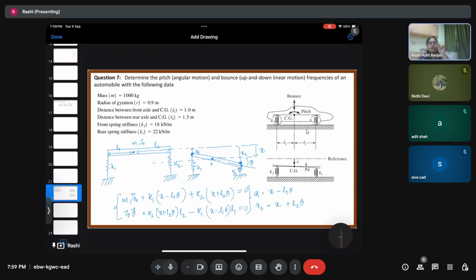That single mass shows its effect as mass for translation and as inertia for rotation. So a single mass is present, but the system becomes a 2 degree of freedom system with two natural frequencies, just because the same car, along with bounce, is also encountering pitch motion. I hope this is clear to you all.